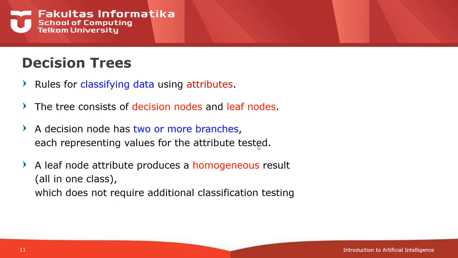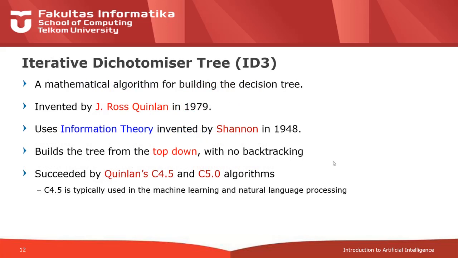Each branch goes down and down until it reaches a leaf node. Then there will be a homogeneous result, and after that there will be no more testing or classification. So it's similar to what we have discussed and shown before.